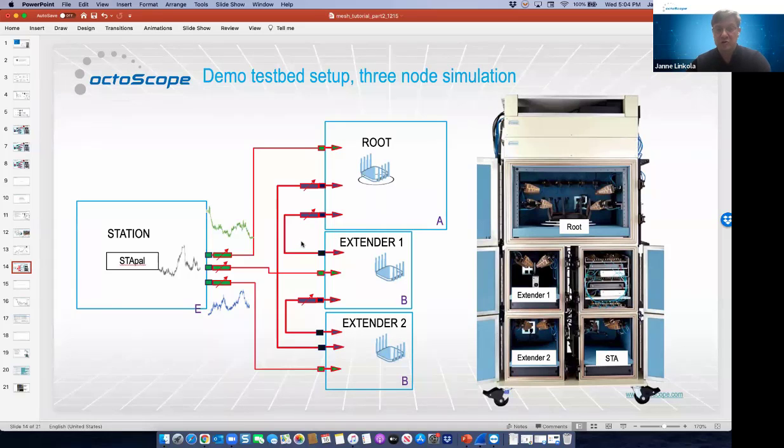We also recorded the internode path loss in the mesh. So whatever configuration I had the mesh set up in when I performed that recording was captured.